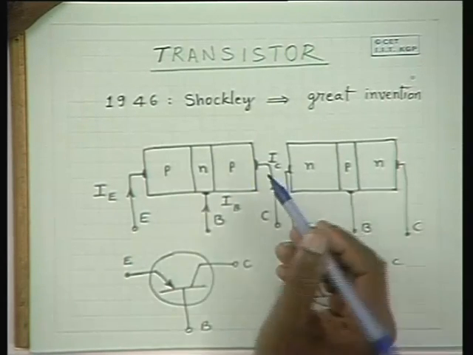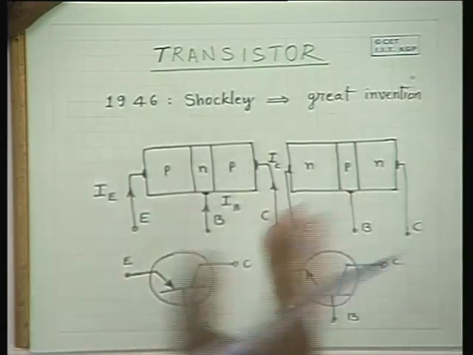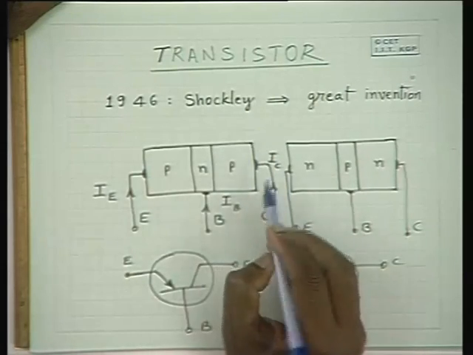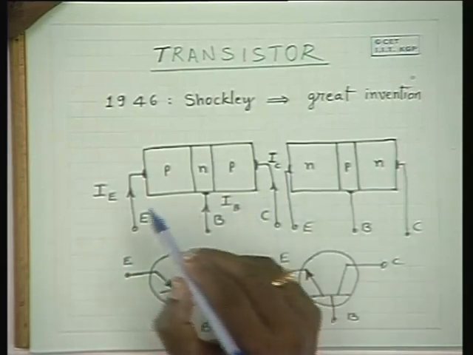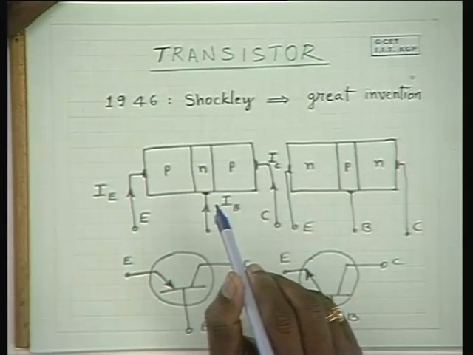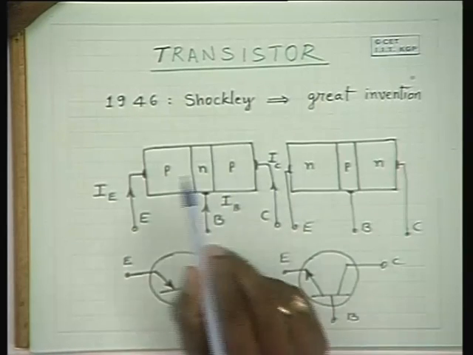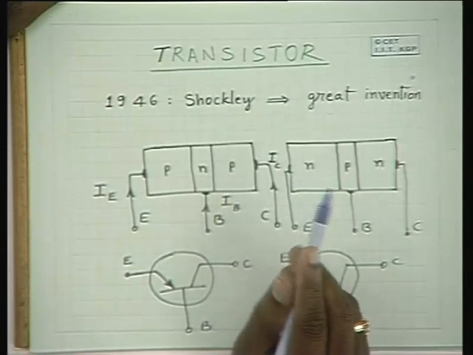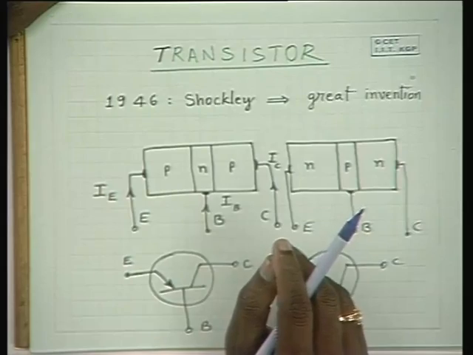Because of this difference, when you invert the terminals, that means using collector as the emitter and emitter as the collector, the characteristics usually differ, because the emitter side, collector side and base side doped semiconductors have different concentration levels, which is maintained purposefully to give you high amplification.